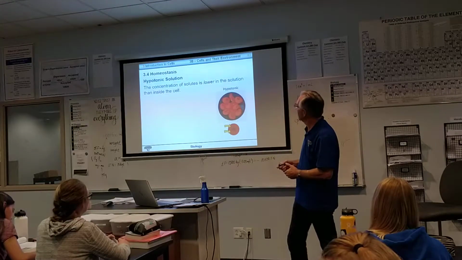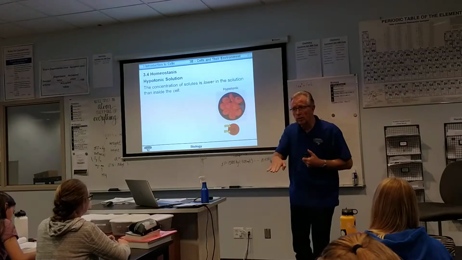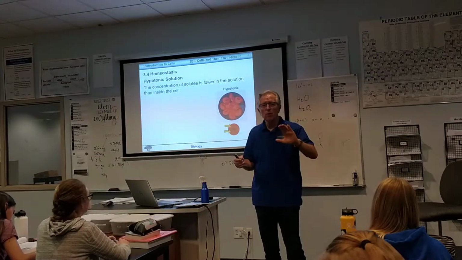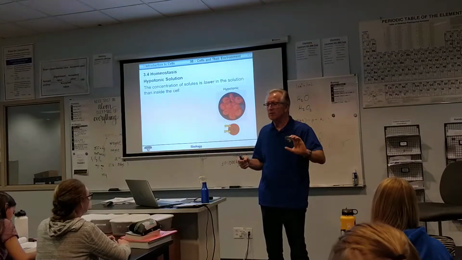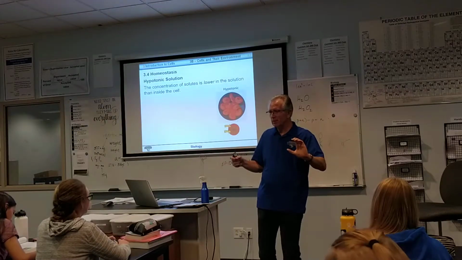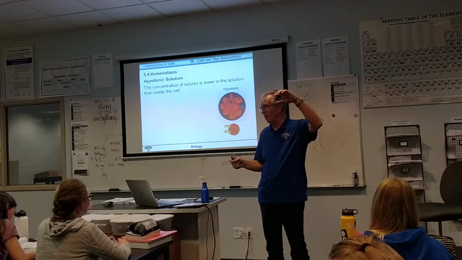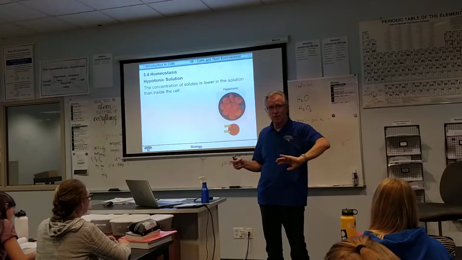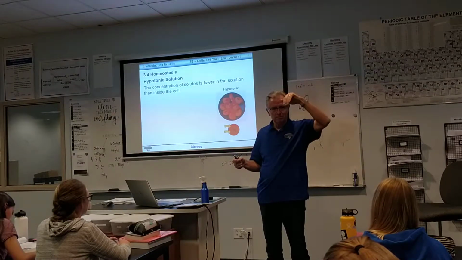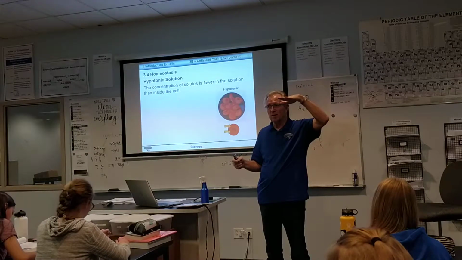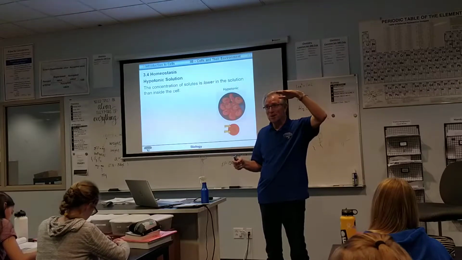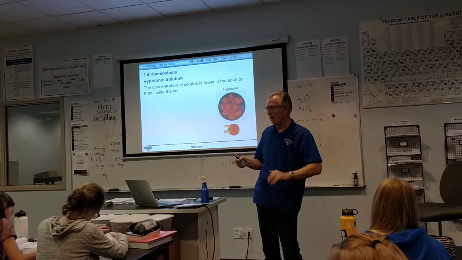So hypotonic, we said, was lower. If there's a lower concentration of solids outside the cell, that means the concentration of water is higher, right? If you have less solids, you have more water. More solids, then you have less water, okay?